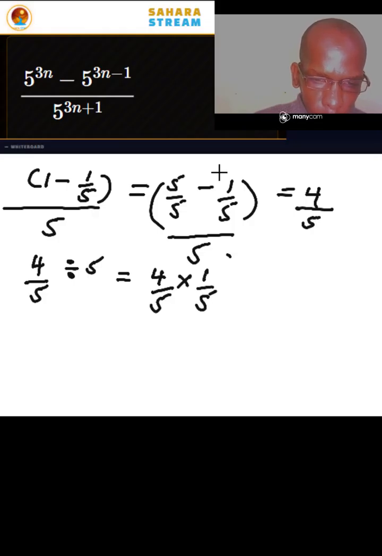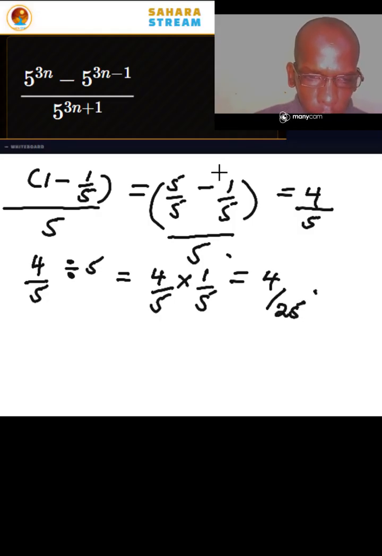So I changed the sign to multiplication, then I took the reciprocal of this 5. Now the answer becomes 4 multiplied by 1, which is 4, then divided by 5 multiplied by 5, which is 25. And that's how we solve that question applying the laws of indices.